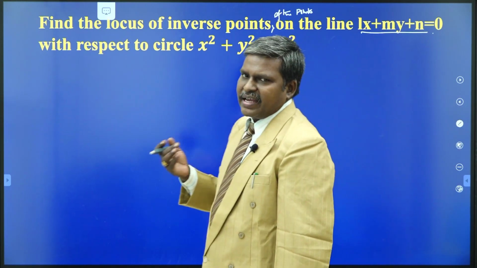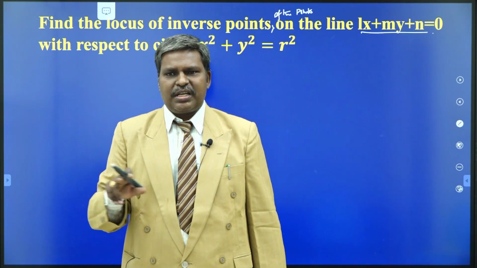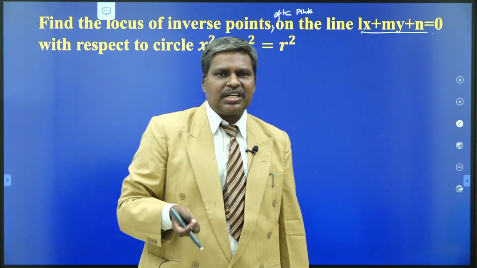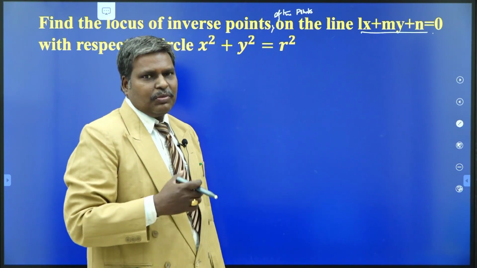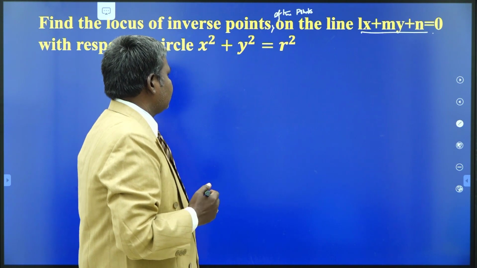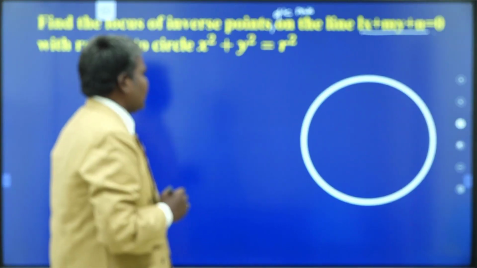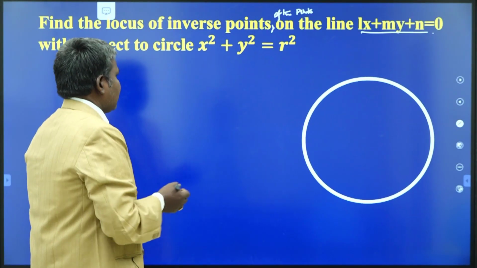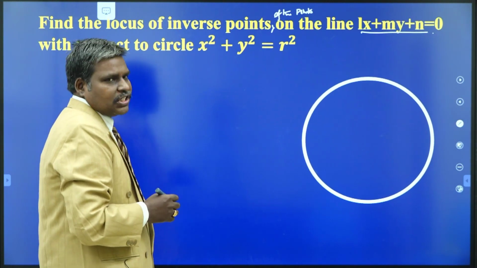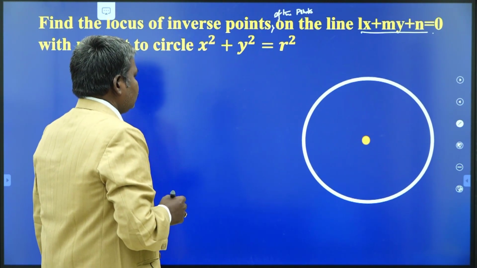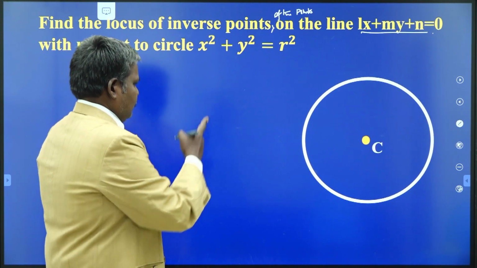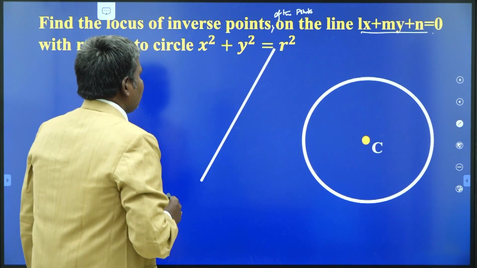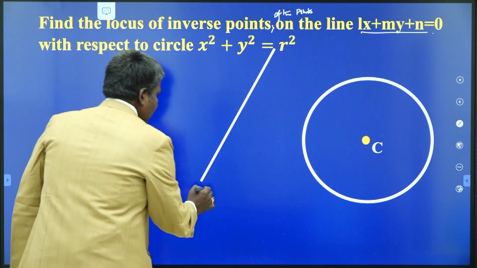For every moment there exists one inverse point with respect to the circle. You collect all these inverse points, you get some locus, that you have to find out here. See here, this is the circle x square plus y square is equal to r square. Now, this is the center of the circle C as shown in the figure. This is my line Lx plus My plus n equal to 0.